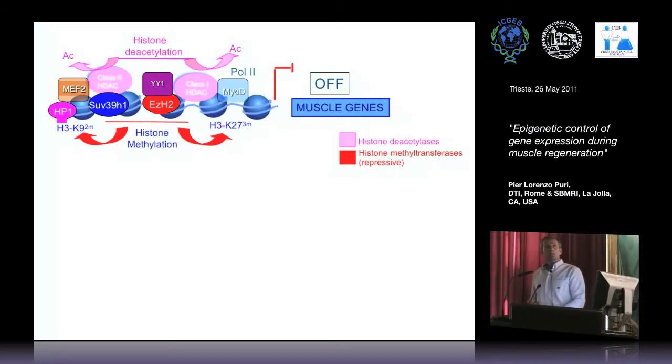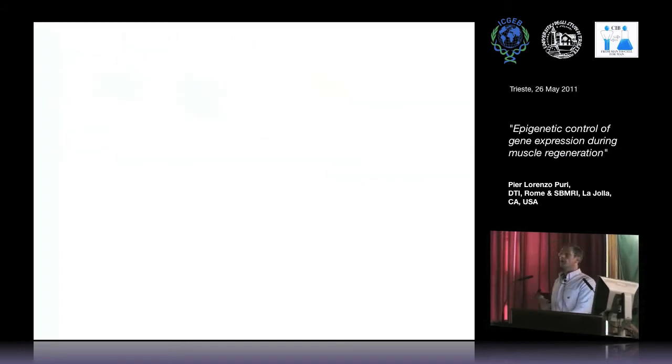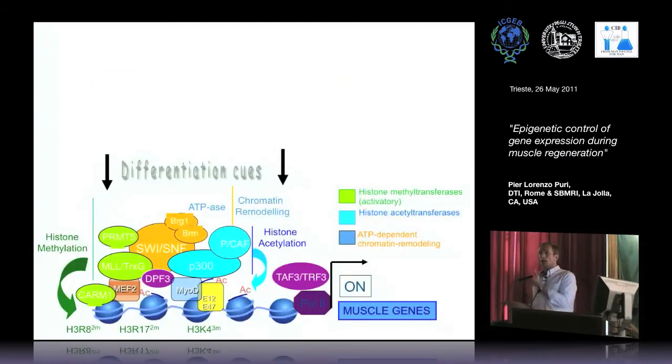However, these inhibitory constraints of muscle gene expression are removed and replaced by activatory signals as soon as the cells are exposed to differentiation cues. So in this case, we can imagine differentiation cues as all those signals which emanate from the regeneration environment.